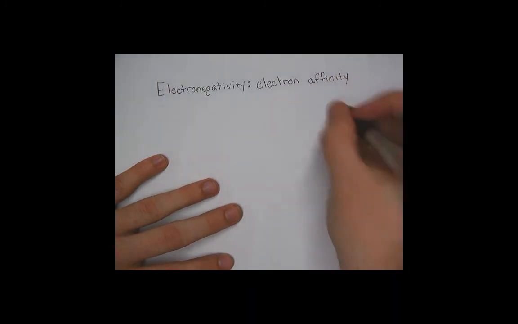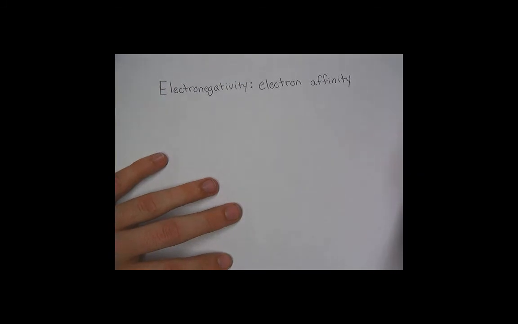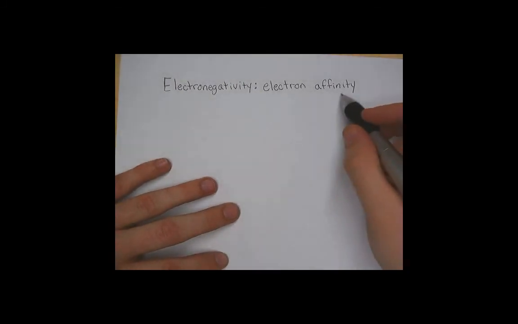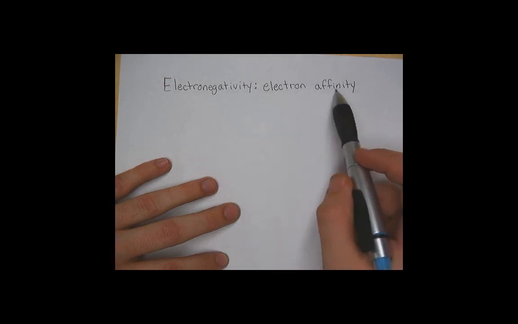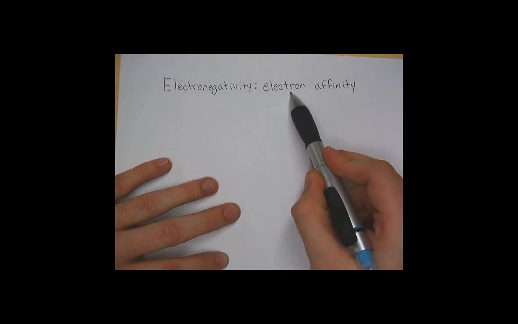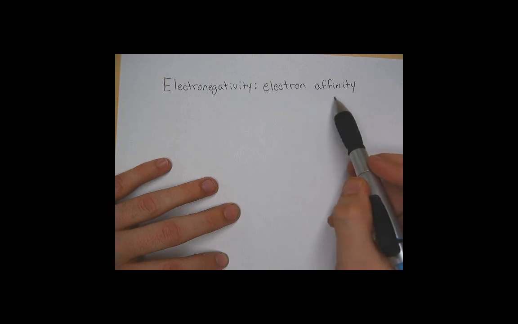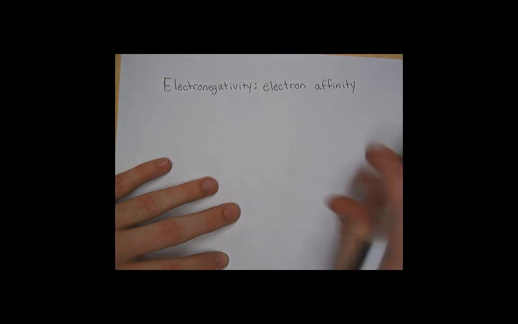And so whenever we include the word affinity, I think it becomes a little more intuitive exactly what electronegativity is. It is essentially how much an atom likes electrons, and in particular vice versa as well, how much electrons like that atom.